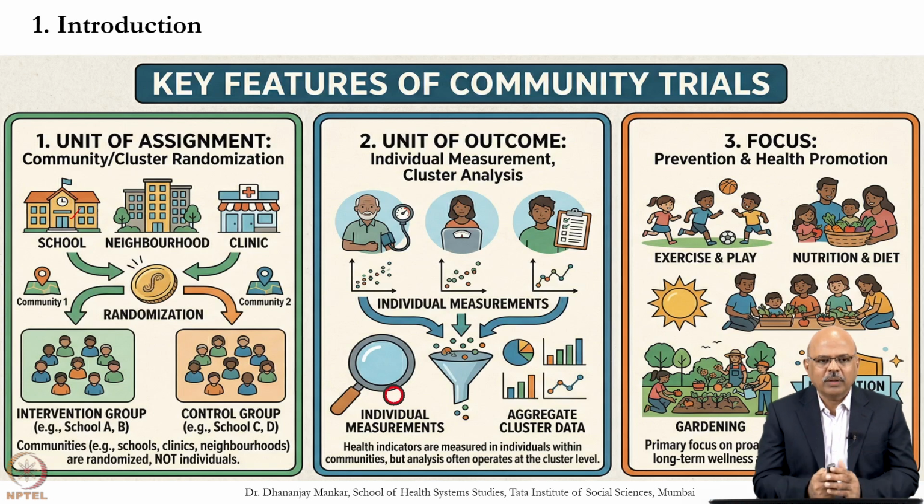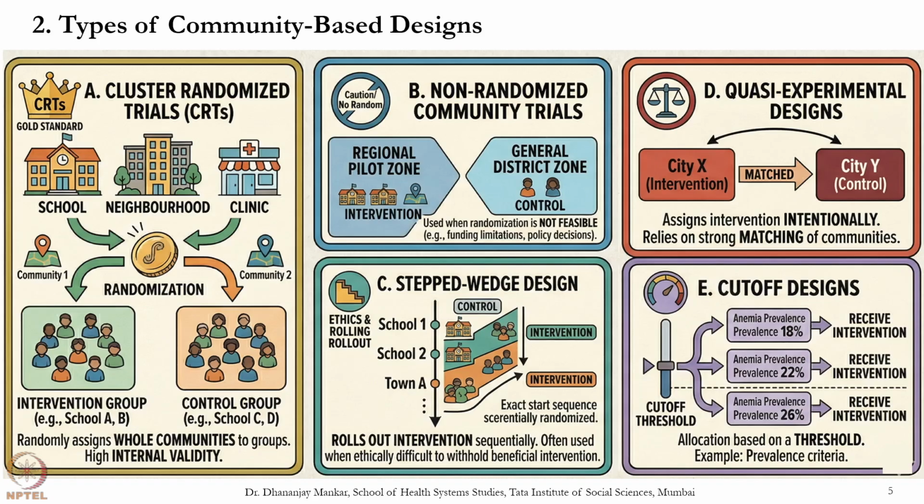So these are all the key features where we have to see how the unit of assignment is designed, and the unit of outcome, and the focus over there. So what are the different types of community based designs? You can see majorly 5 types of community design.